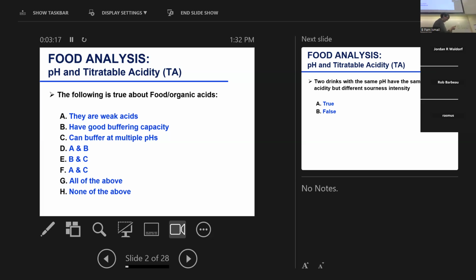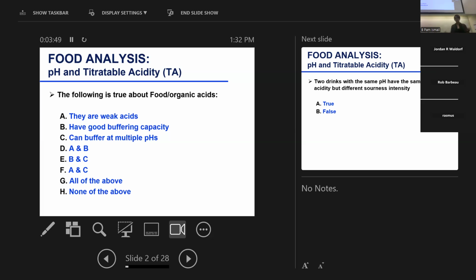Organic acids have carboxyl groups. Organic acid has COOH. Some organic acids have one COOH, others have three, others have two. So when you have multiple COOH, you have different dissociation factors.